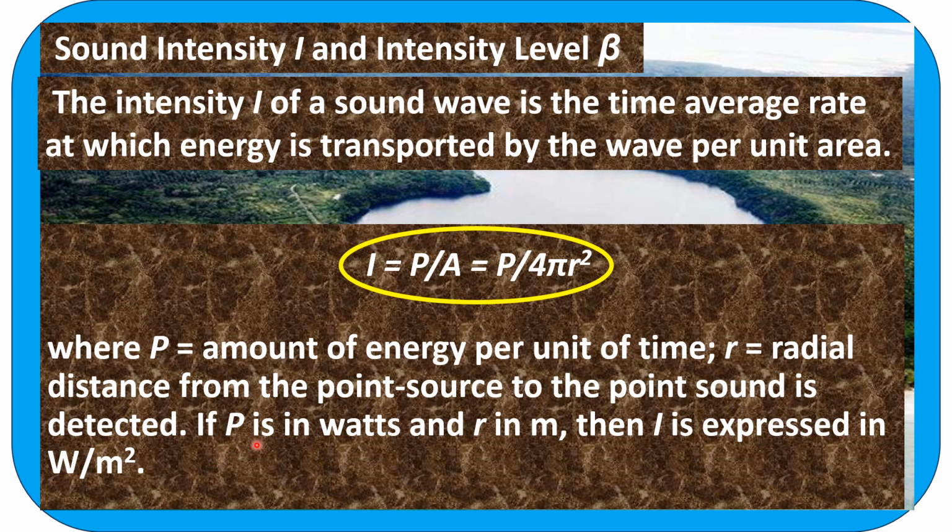If capital P, or power, is expressed in watts and small letter r in meters, then the intensity capital I is expressed in watts per meter squared.